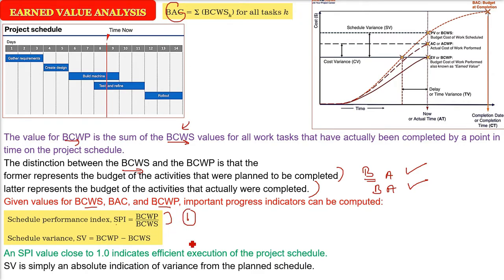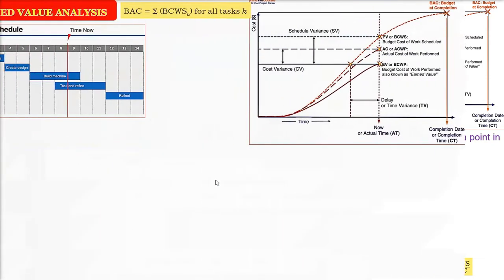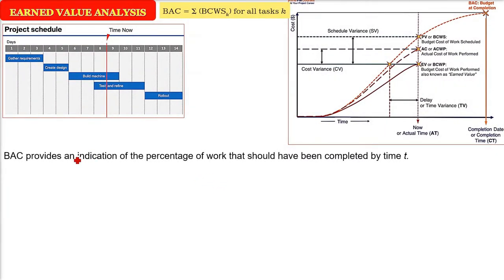This SV, which is the schedule variance, is the absolute indication of variance from the planned schedule, whether you are ahead or whether you are behind. You can also find out the percent scheduled for completion using BCWS divided by BAC. Okay, this percent scheduled for completion you will get here. Now, as I said, the BAC, which is providing an indication of the percentage of work.